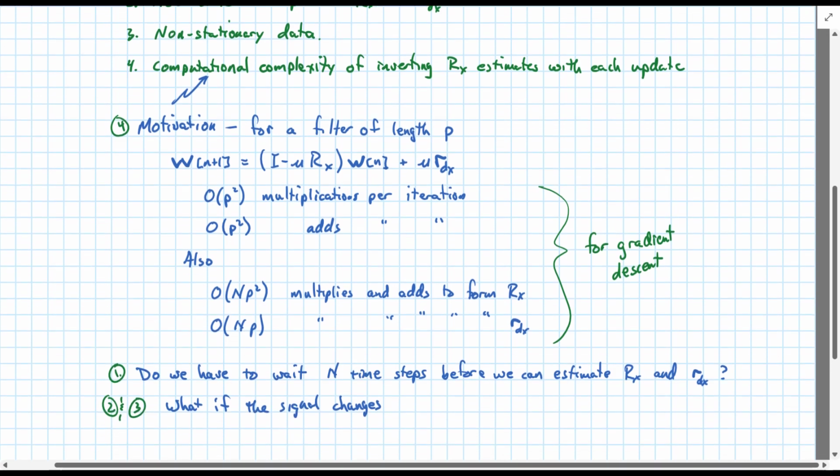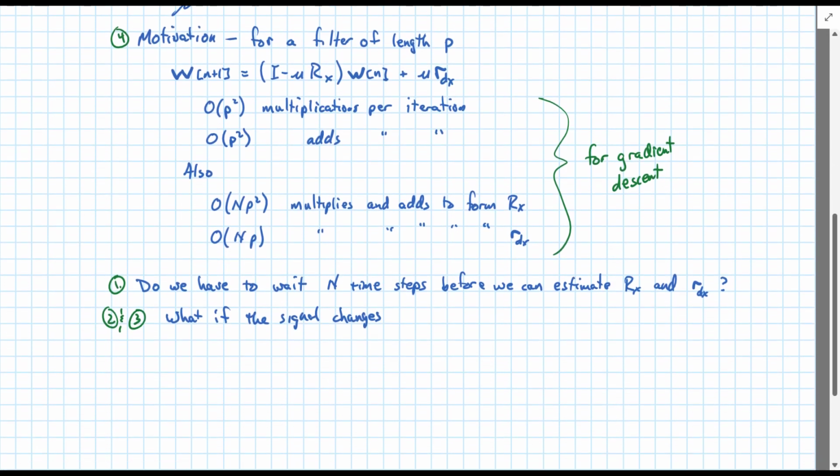That is that we're going to start out with a poor estimate, and as we update R and Rdx, we will iteratively improve our estimate, but we'll do it in such a way not like our gradient descent, which was a step in the right direction with each iteration. Instead, with these iterations, we will step directly to the new optimal solution.